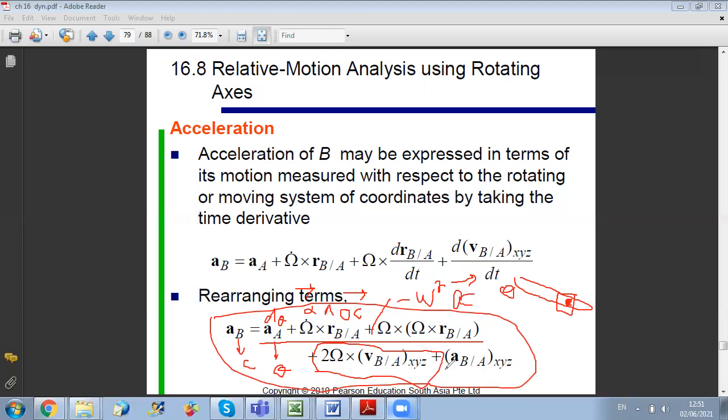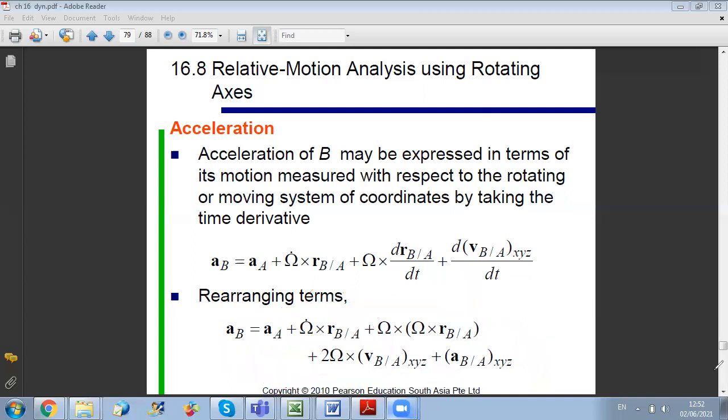Plus A relative. So now all we have to do is to apply this vectorial relation in our problem. First they asked for the Coriolis acceleration, so all we have to do is to calculate 2 omega vectorial V relative.